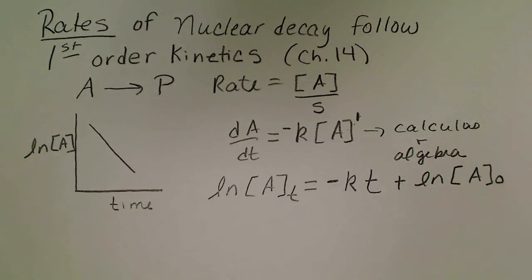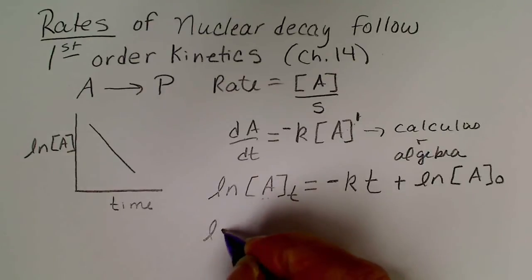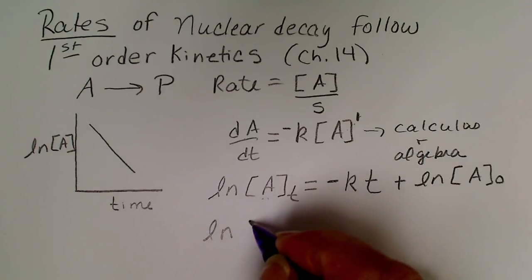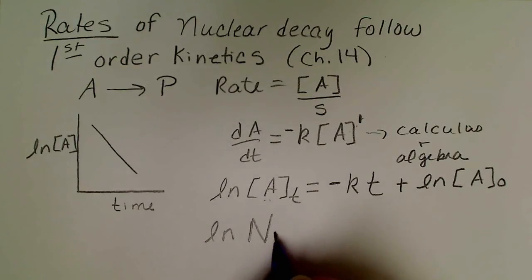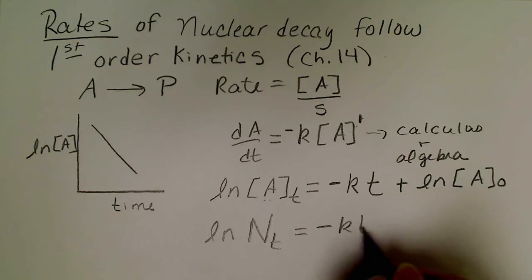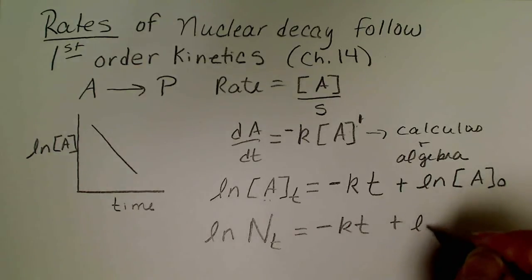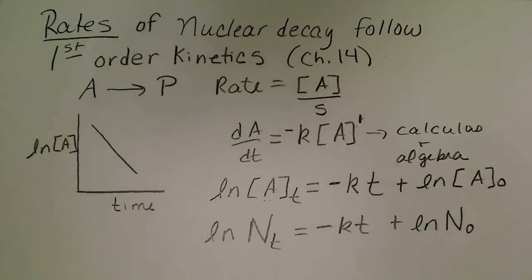And what we're going to do now is, instead of writing our variable as a concentration unit, we're going to write this as the activity. So the log of the activity at any time t is equal to negative kt plus the natural log of the initial activity.